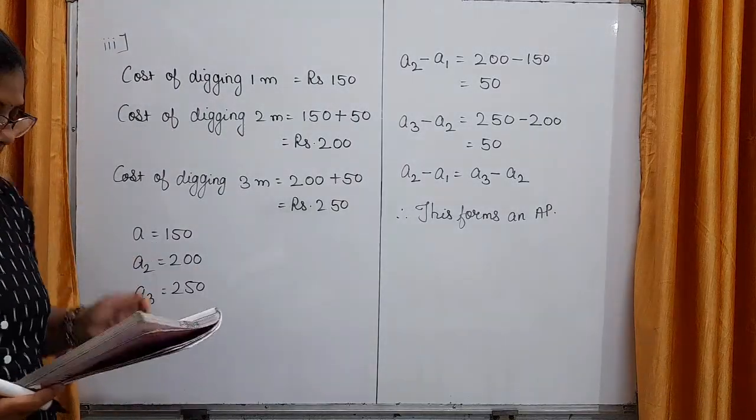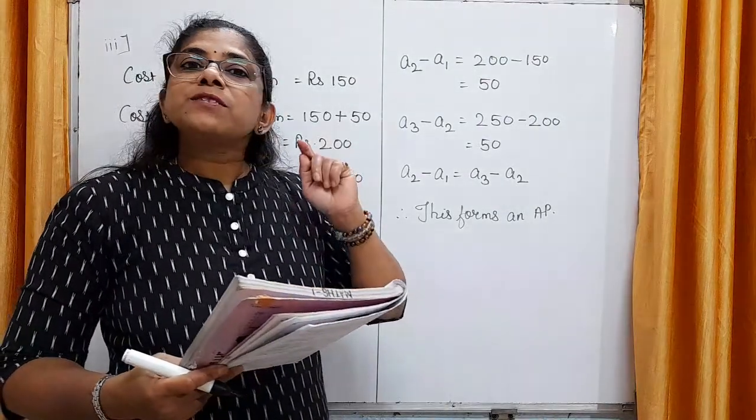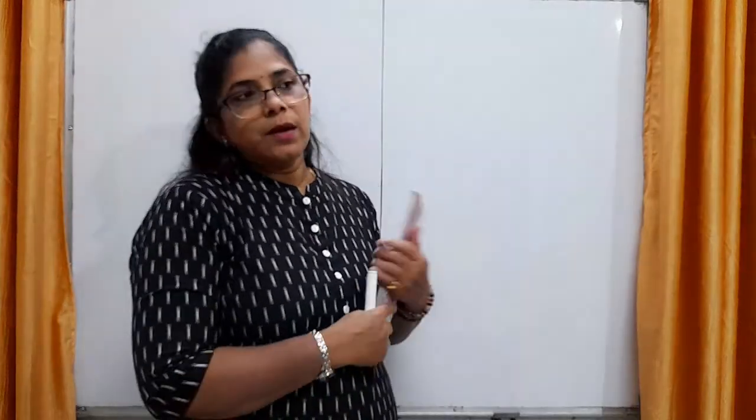This was quite simple. Now fourth sum, last sum of this first Roman number, fourth problem. Let's see what our fourth problem is. The amount of money in the account every year when rupees 10,000 is deposited at compound interest at 8% per annum.